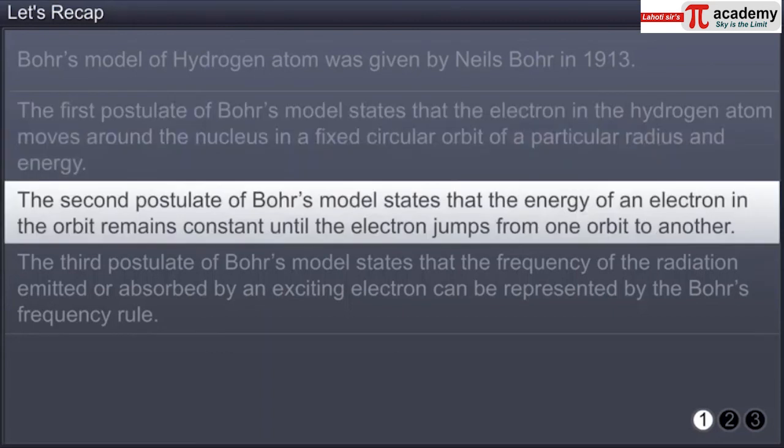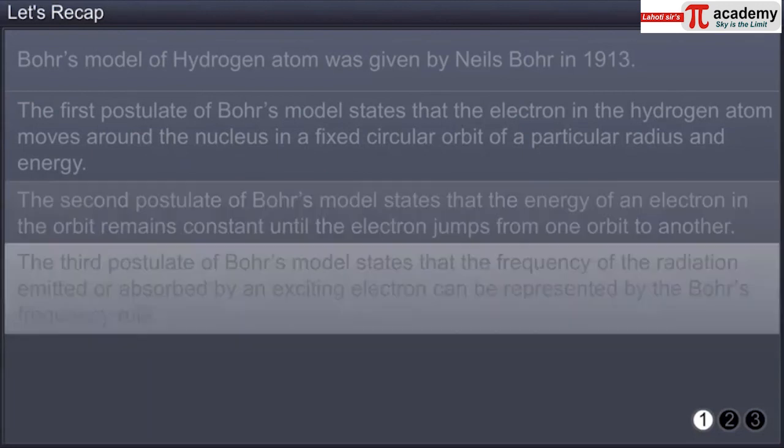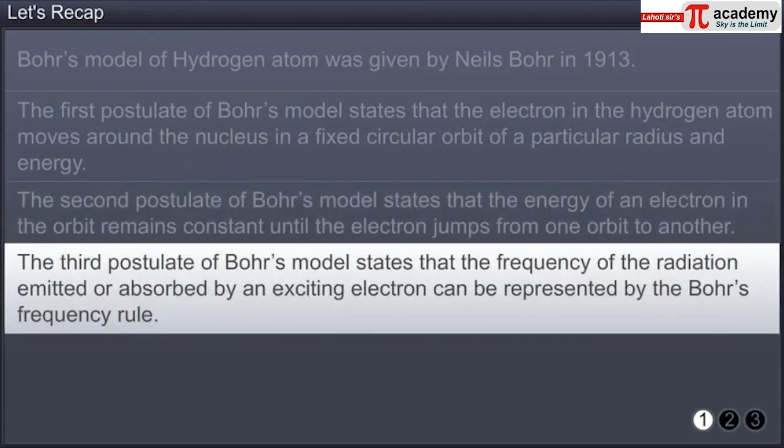The second postulate states that the energy of an electron in the orbit remains constant until the electron jumps from one orbit to another. The third postulate states that the frequency of the radiation emitted or absorbed by an exciting electron can be represented by the Bohr's frequency rule.